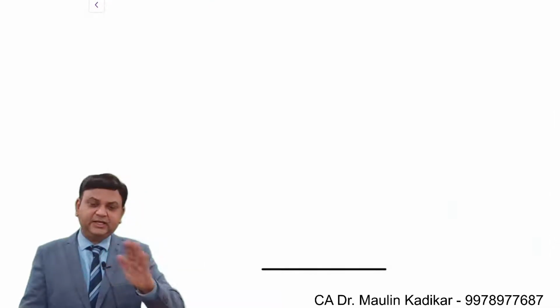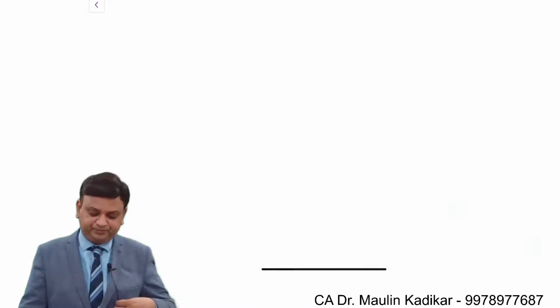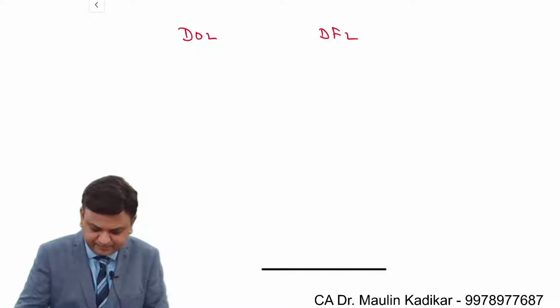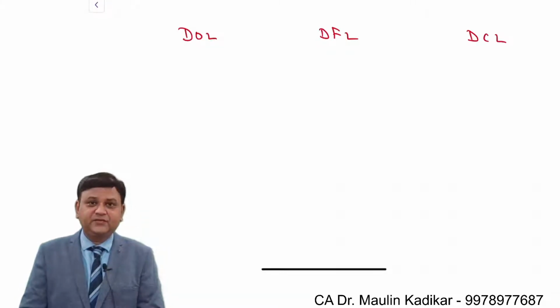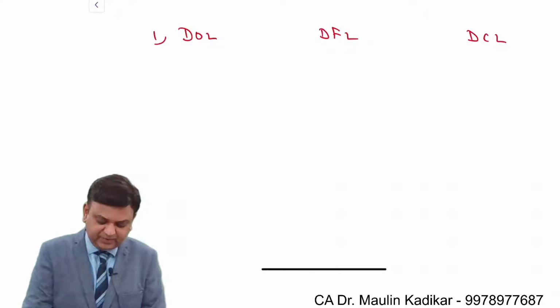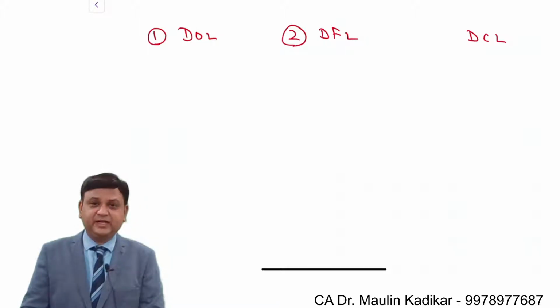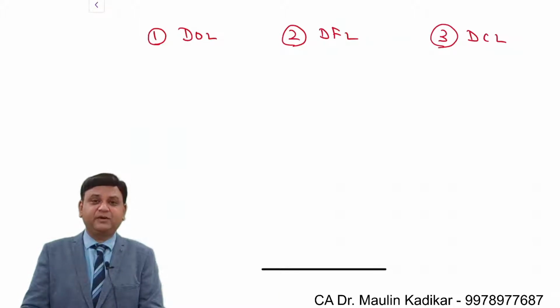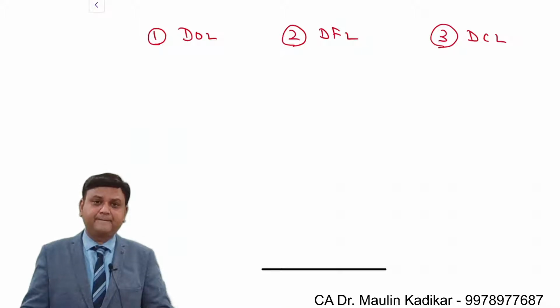Do not write anything, let me just give explanation to you. Dear students, there are three leverages that we are going to understand. The first is given a name as degree of operating leverage. Second is degree of financial leverage. And third is degree of combined leverage.